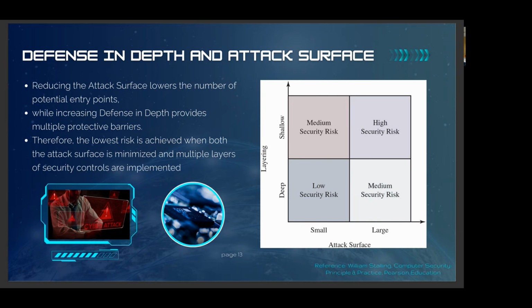The lowest risk is achieved when both the attack surface is minimized and multiple layers of security controls are implemented. Okay, this one is easy to understand. Have many layers, reduce your risk with many layers of protection.